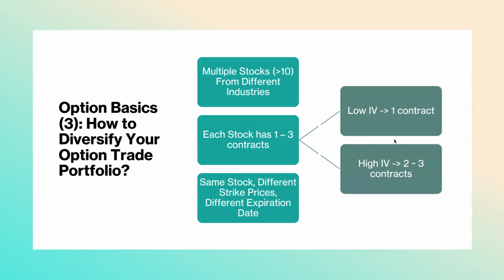I only sell 1 contract for low IV stocks and more contracts for high IV stocks. Also, another diversifying technique is when you sell multiple contracts on the same stock, enter trades with different strike prices and different expiration dates. In this way, when a significant drop happens, it doesn't hit you all at once.